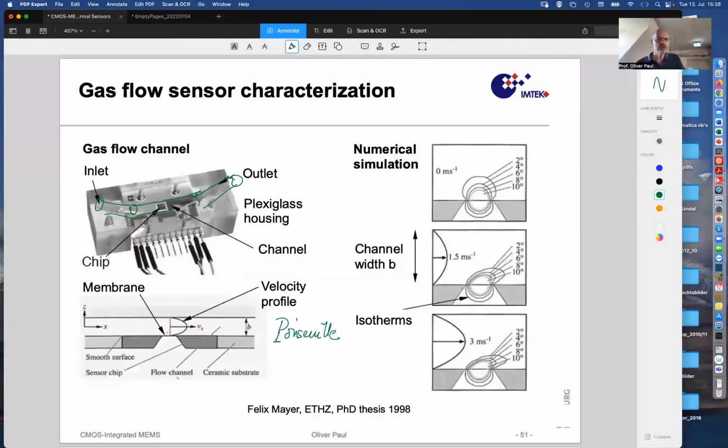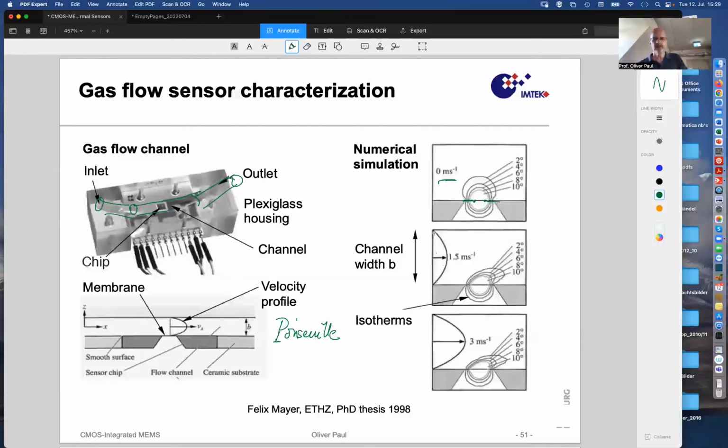So the membrane is placed flush in the surface of this tube, and you see here some isotherms with a 0 meter per second average flow velocity in this tube. It's quite symmetrical, so if you measured the temperature here and here with the thermopile from one side and from the other side, you have the exact same signal.